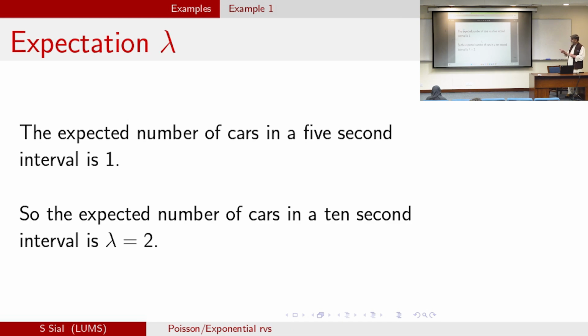So the expected number of cars in a 10-second interval is 2, right? 1 every 5 seconds is the same as 2 every 10 seconds. So now we can set lambda equal to 2. We have to make our units consistent.